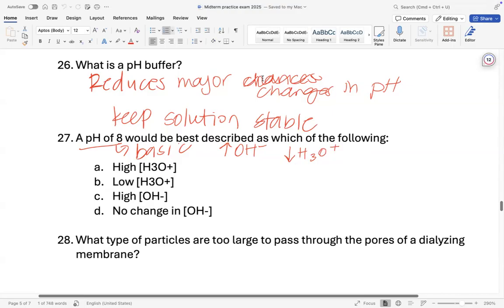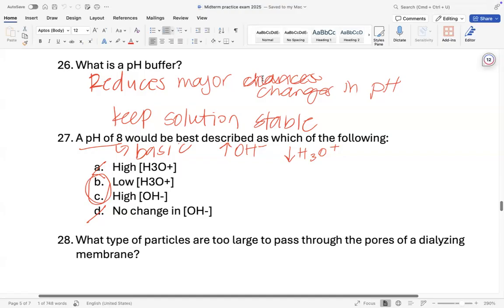All right, so I think I made a typo in this problem. It definitely wouldn't have high H3O plus, and it definitely wouldn't have no change. It would be A and B, I'm sorry, B and C. But I think your problem on your exam is not going to be double answer.